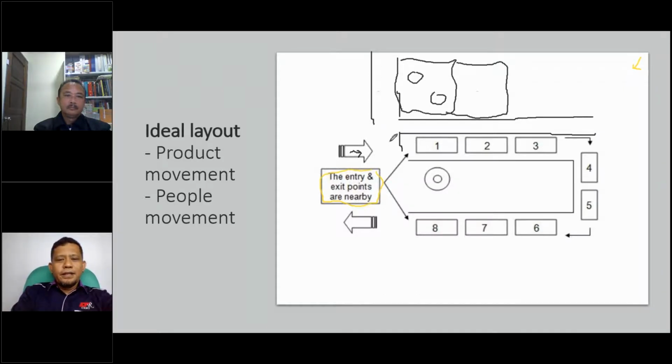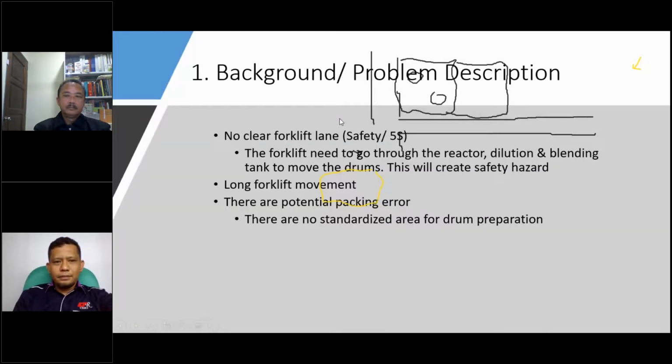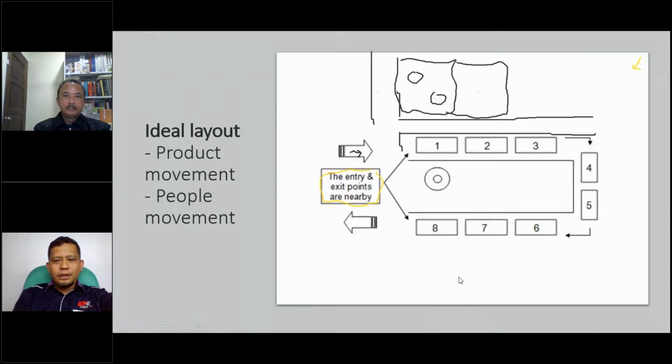Chemical plants normally have the fire brigade requirement. So we have access here, and then if possible, the material should be pumped straight away to here. Or if we can, nearby, if they need the warehouse, you can put the unloading activity here. If you put the tank farm at the back, you can imagine how far the truck driver has to drive, and then how to monitor the unloading activity.